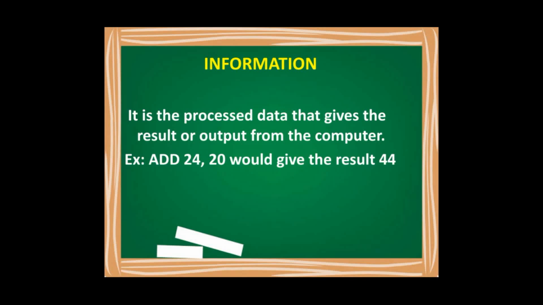So, we gave the computer data as 24 and 20. Also, we gave the command or instruction to add these two numbers. So, what did we get? We got the result as 44. So, this result 44 is meaningful, and this is called as information.